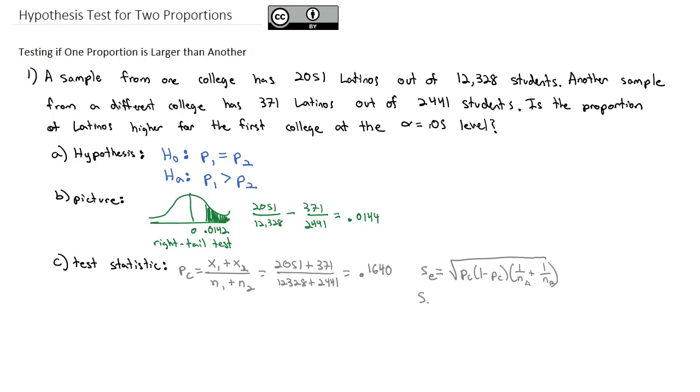So for us, that standard error then is going to equal the square root of the pooled proportion of 0.1640 times 1 minus 0.1640 times 1 over the first sample size, which is 12,328, plus 1 over the second sample size, which was 2,441. And when I put that in my calculator, we get 0.0082 for our standard error.